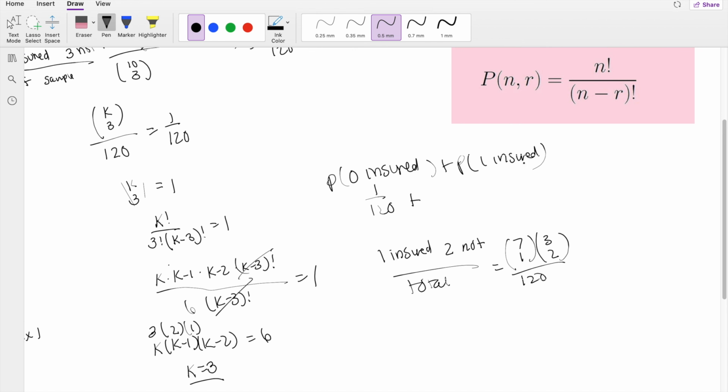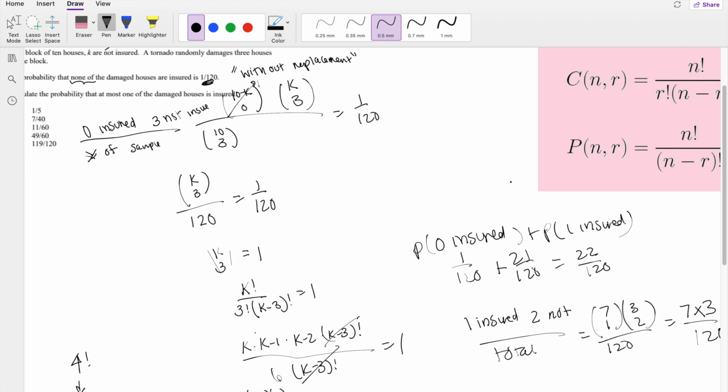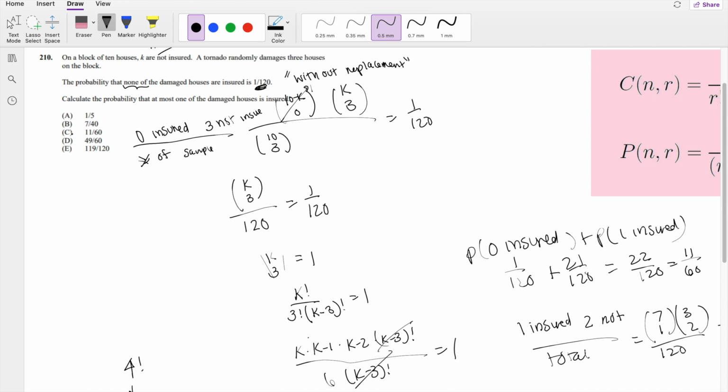So this is equal to 7 times 3 over 120, which is 21 over 120. We just have to add those together. This is equal to 22 over 120. Is that one of the choices? We have to simplify a little bit. So this is equal to 11 over 60, which is our answer C.